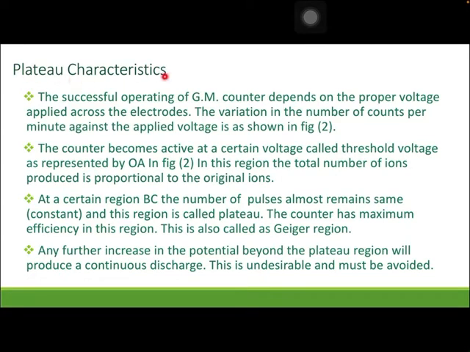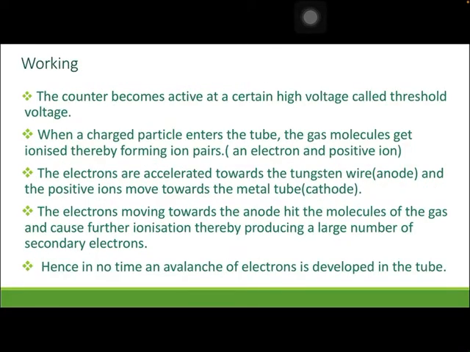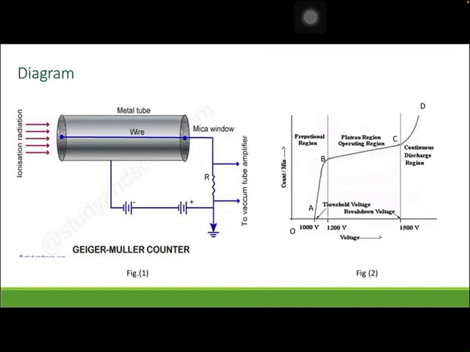Now, we have the plateau characteristics. As I have just referred to that particular diagram, we can just see the diagram. In this, we take the count rate, that is counts per minute or counts per 30 seconds, which is the intensity along the y-axis, and the operating voltage along the x-axis. You can see here this region OA is inactive.